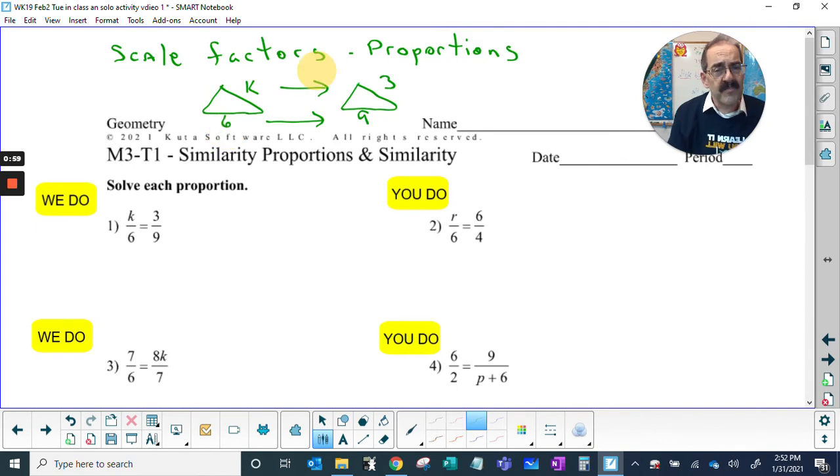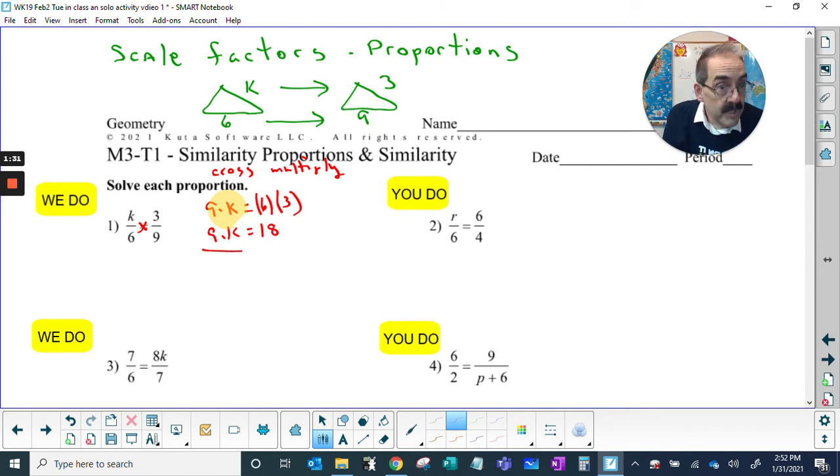We can find the scale factor. But if you don't, the mathematical piece: as soon as you have an equal sign, cross multiply. So k times 9 is 9 times k, and 6 times 3 is 18.